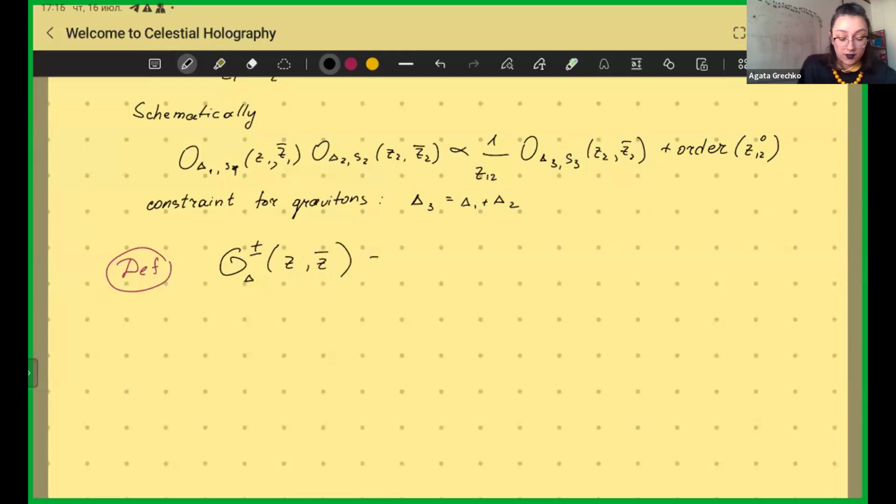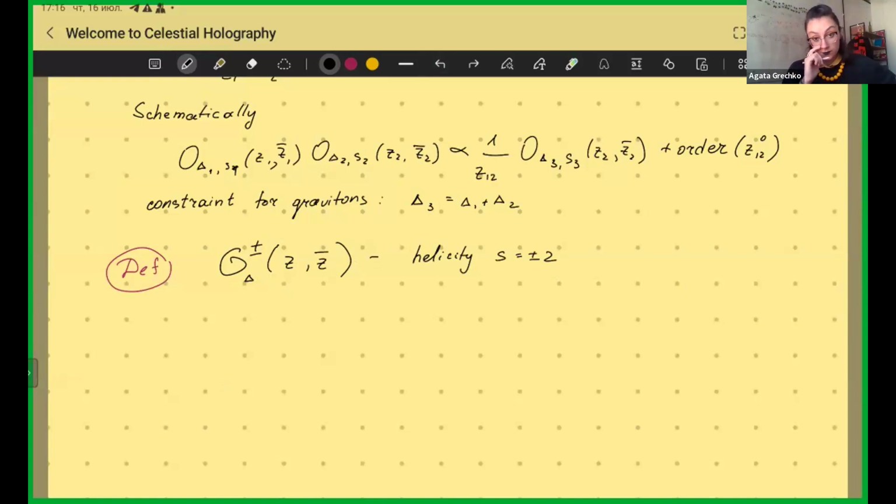This will mean positive or negative helicity, right? The helicity plus minus 2 graviton. So we will denote this as a graviton field, and it crosses this graviton that propagates somewhere inside the bulk. It crosses the celestial sphere at a point z bar.